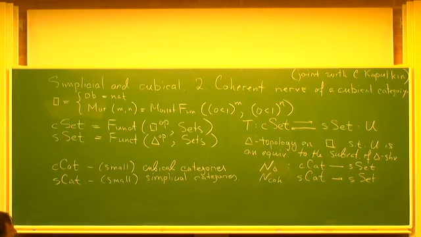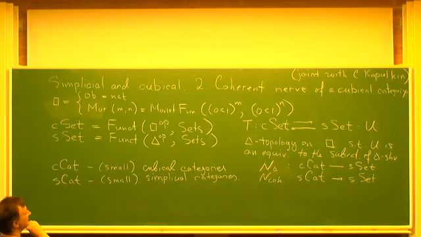So let's first just make sure that we understand the concepts in the same way. A cubical category, for example, is a category enriched over the category of cubical sets.